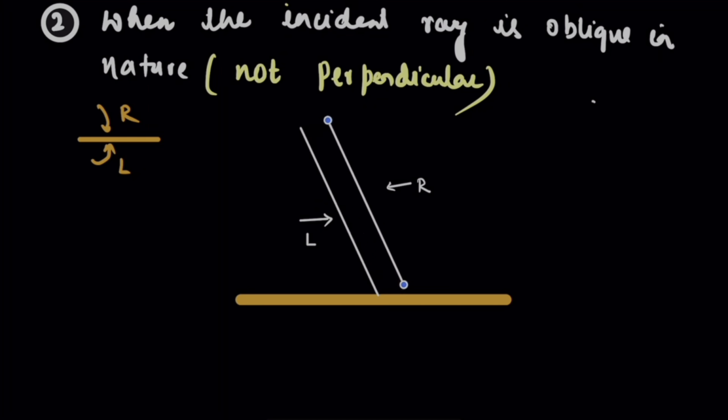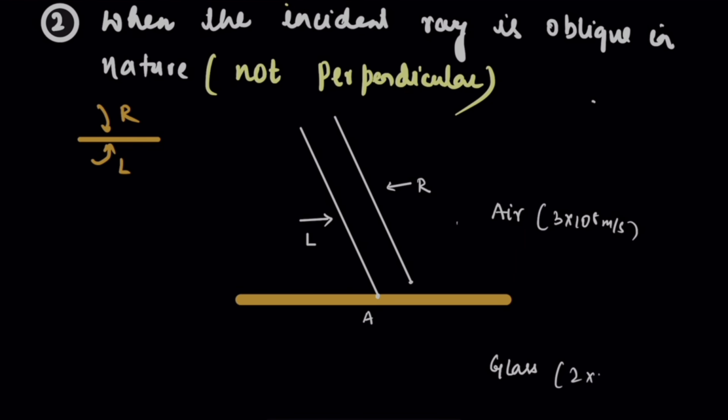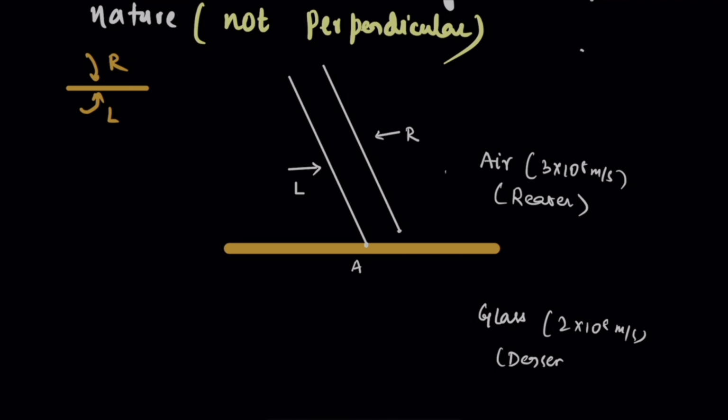So here, if the left side of the incident ray touches the surface, let us assume at A, at that time the right one is in the rarer medium. I just write it down. When A will reach the surface, at that time A wants to move with the speed of the glass, which is 2 into 10 to the power 8.